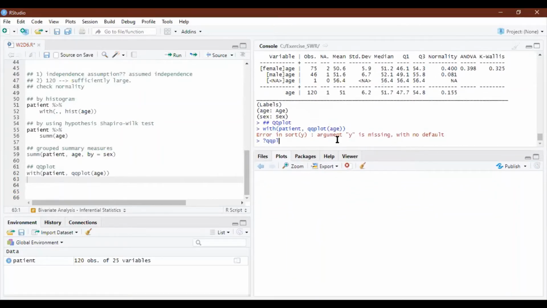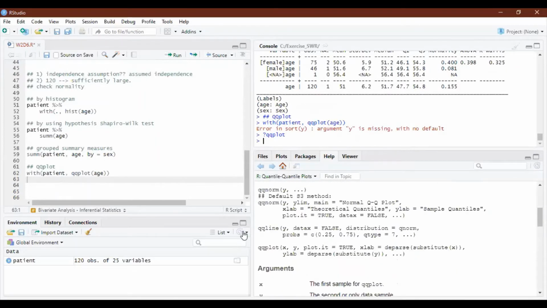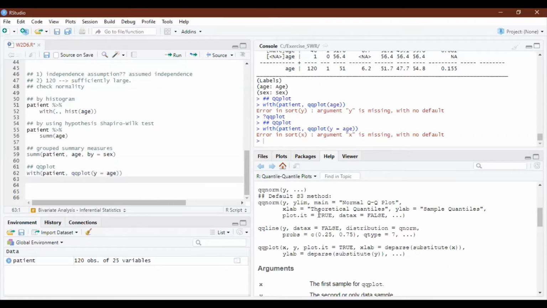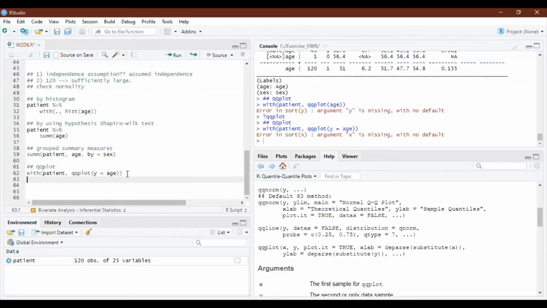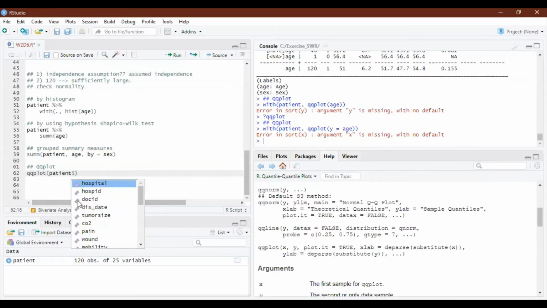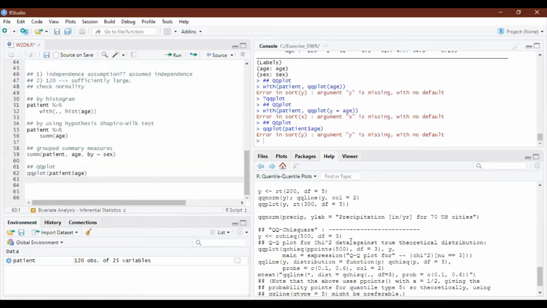Wait a minute. Okay, I think we need to run something like this. Why is it not running?